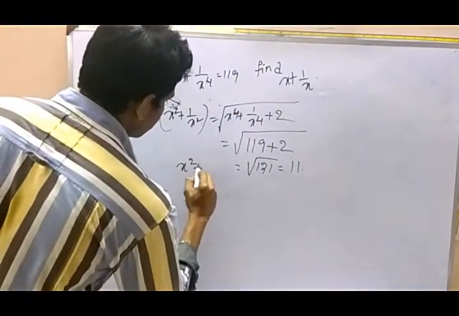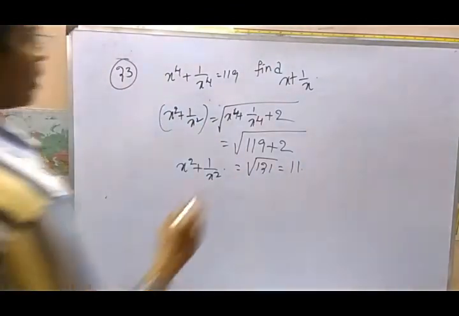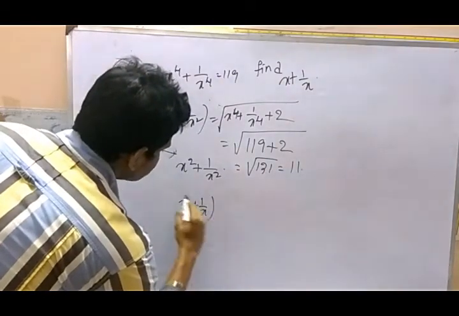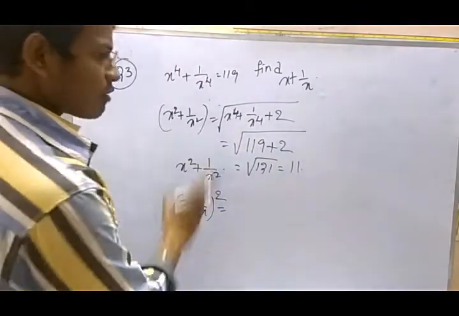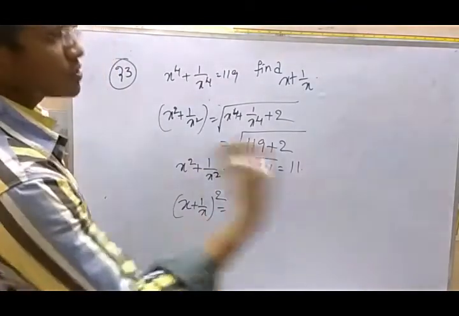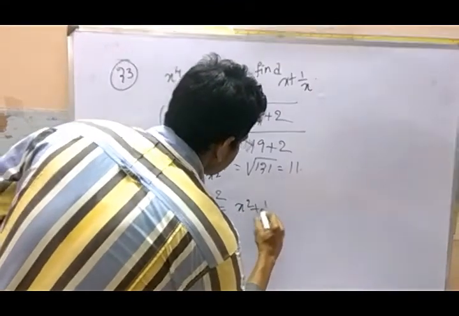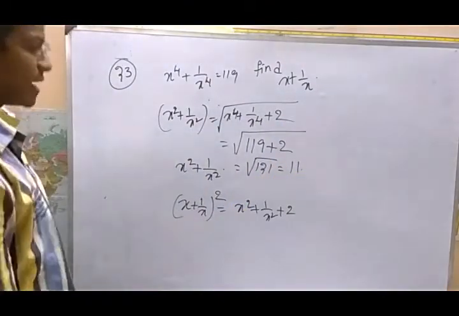So what we got here? x square plus 1 by x square. But what we require is x plus 1 by x. So for x plus 1 by x, we need to do the square. The thing which we require, we need to take and square it. That's the point here. So x square plus 1 by x square plus 2. That x and x will get cancelled.